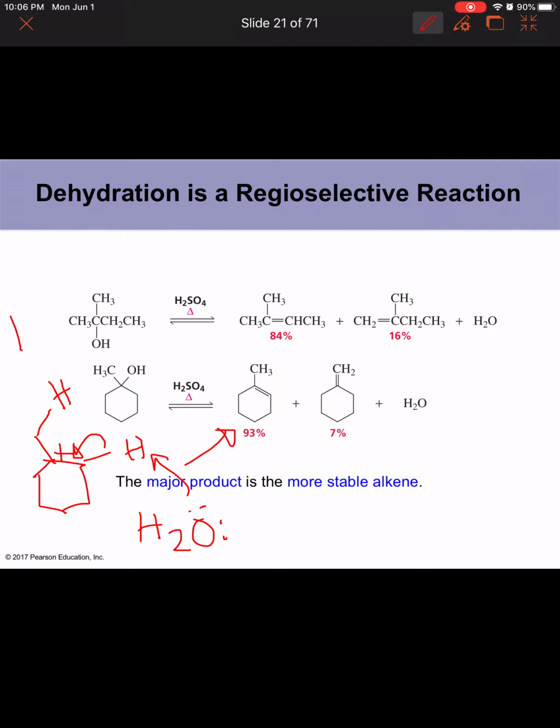And if the water molecule takes this hydrogen and forms the double bond, this will give you the other product, which is this product, which is less substituted alkene, 7% of that, and then the more substituted alkene, 93%.